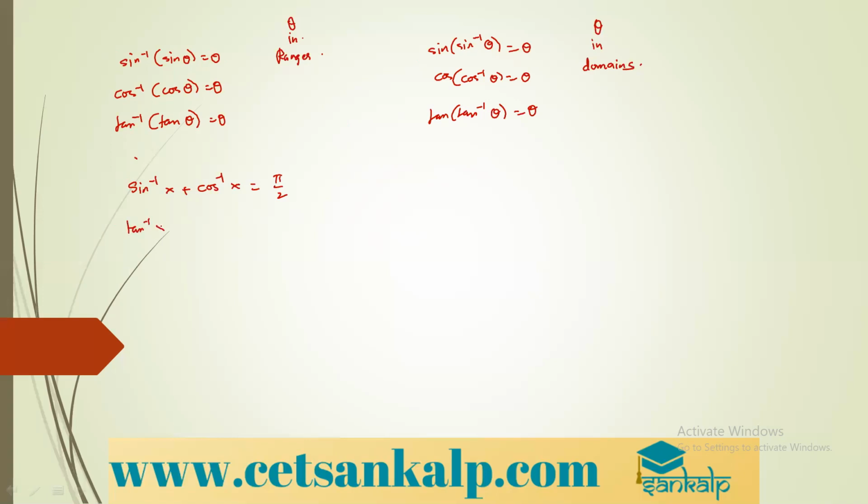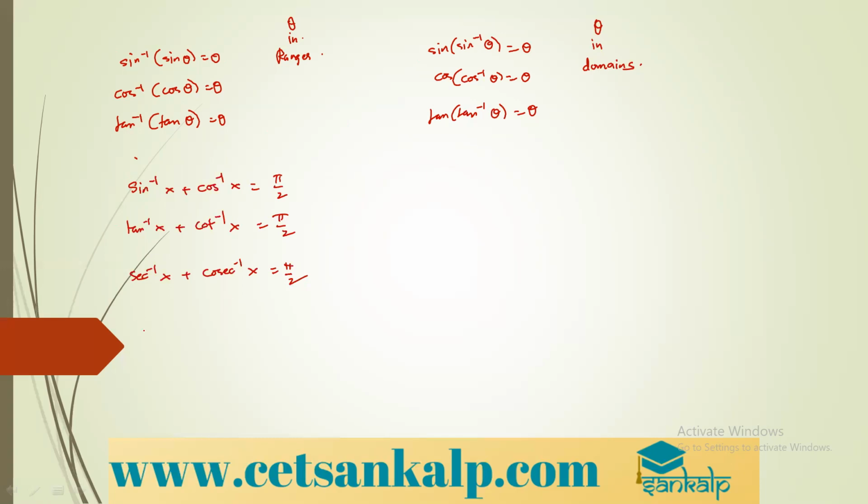Similarly, tan inverse x plus cot inverse x is pi by 2. And secant inverse x plus cosecant inverse x is also pi by 2. You can remember these formulas, which are helpful.